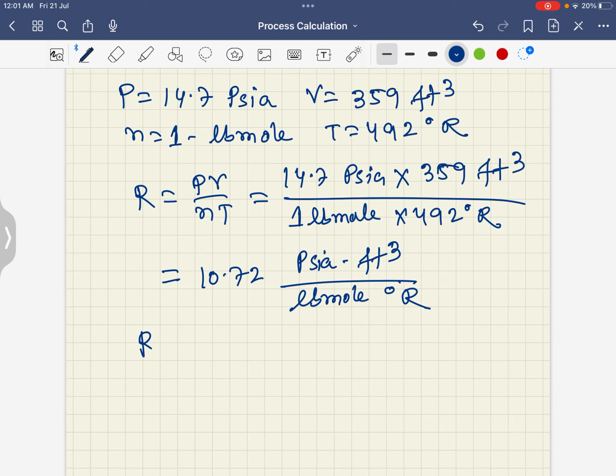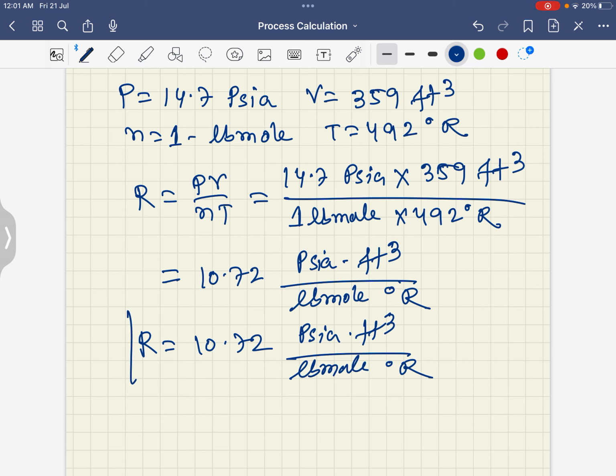So R will be 10.72 psia feet cube per pound mole degree Rankine. So that is the value.